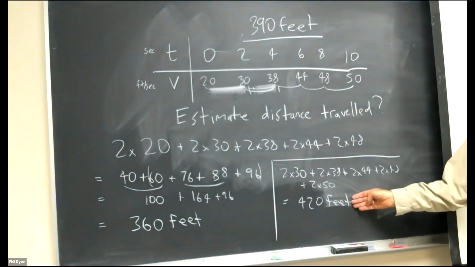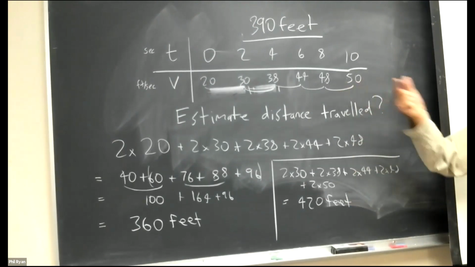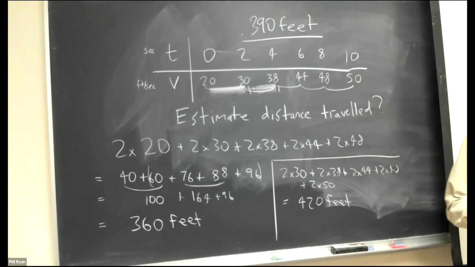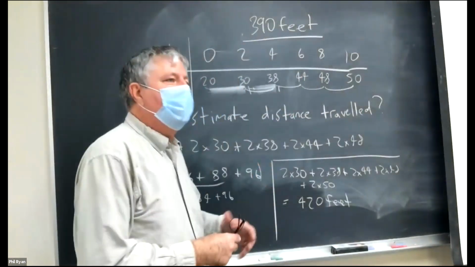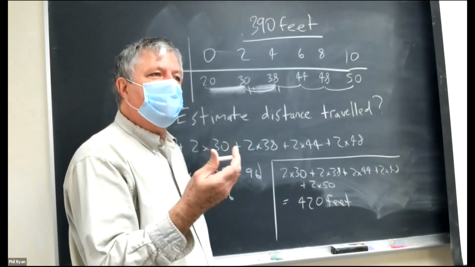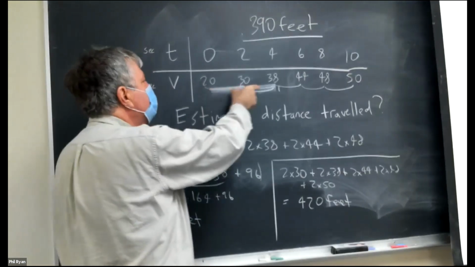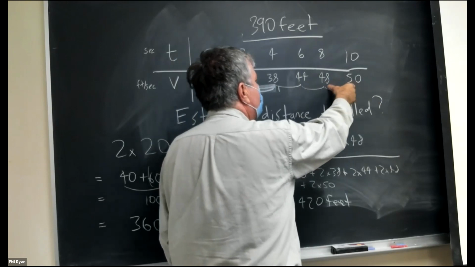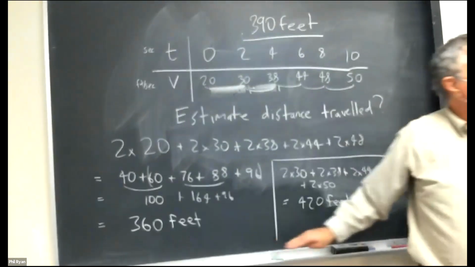We know that we went less than 420 feet, because for each of those intervals, I chose either the minimum or the maximum. Notice I would have gotten the same answer if, for a different estimate, I had used 25 for this, 34 for this, 41 for this, 46 for this, 49 for that. That would have been exactly the same as averaging those two.